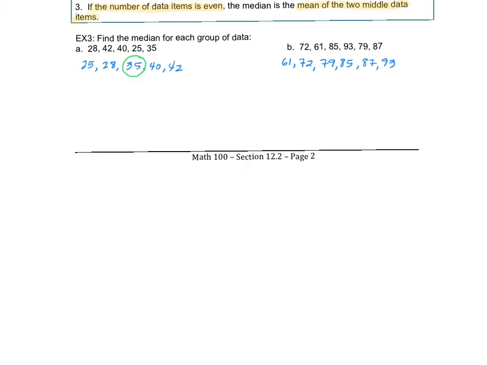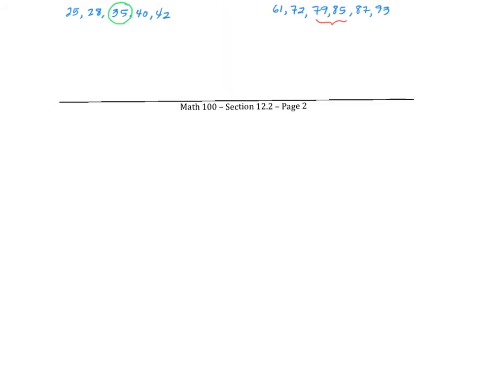So I'm going to have 2 middles. That would be the 79 and the 85. So I'm going to have to take their mean and take 79 plus 85, divide that by 2 to get 164 over 2, which would give me 82. That would be the median.